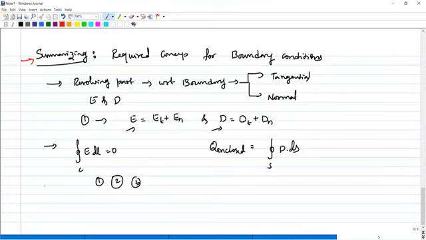First you have to keep the heading as boundary conditions, then write the resolving part, and later as the second point write the required equations for boundary conditions. Don't worry, we will have a xerox of those notes, and with that note you will get an idea how to write the exam.